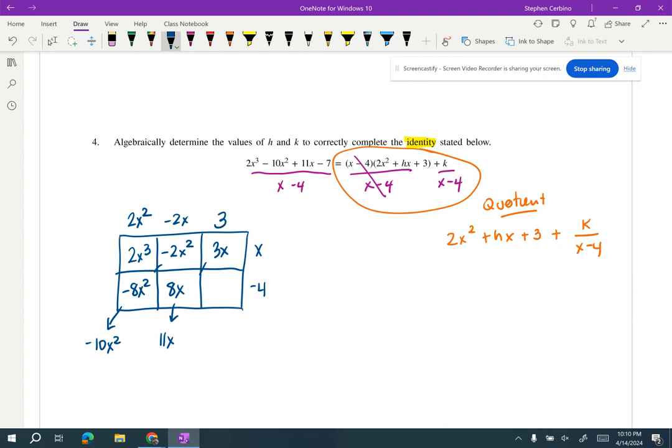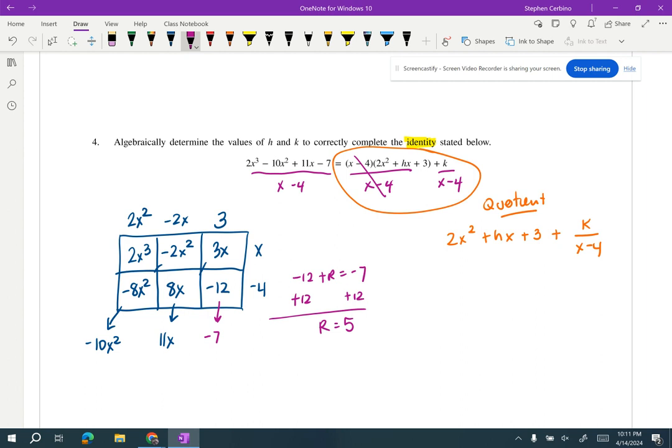And 3 times negative 4 is negative 12. Now, we don't want negative 12. We actually want negative 7. So we have to say, what do I add to negative 12 to make negative 7? So we'd say negative 12 plus some remainder is equal to negative 7. So if we add 12 to both sides, we then get a remainder of a positive 5.